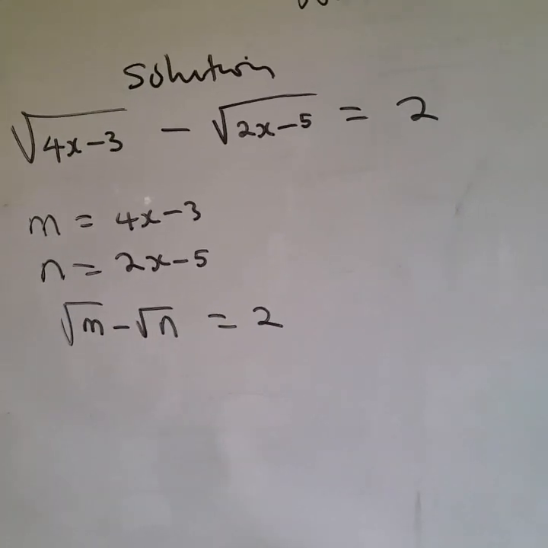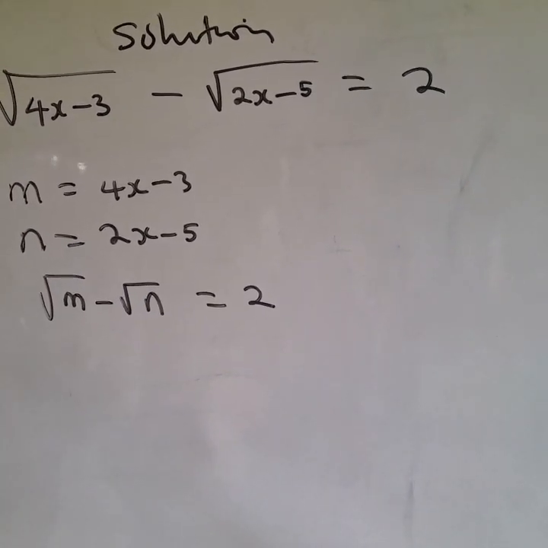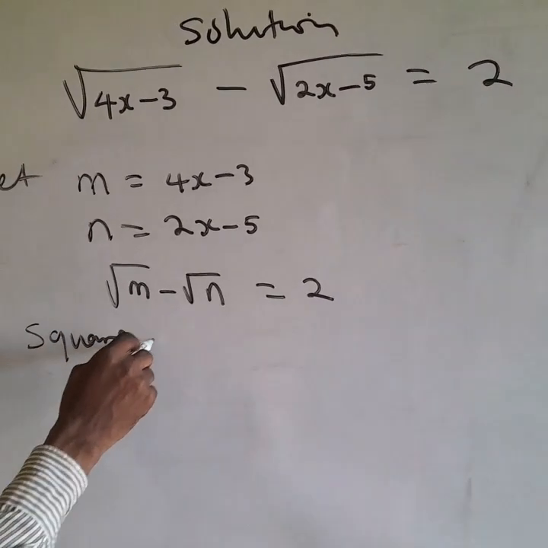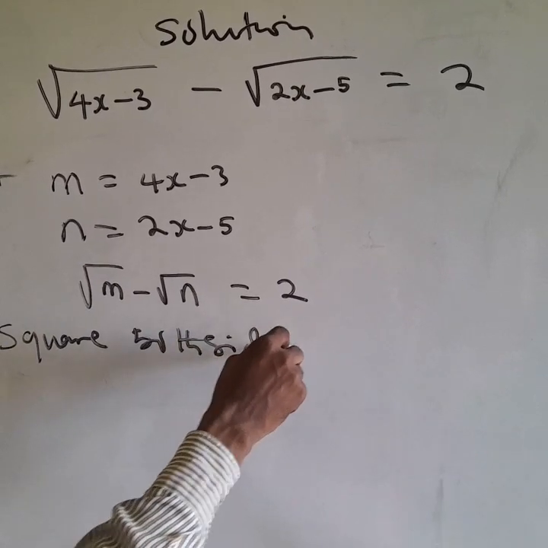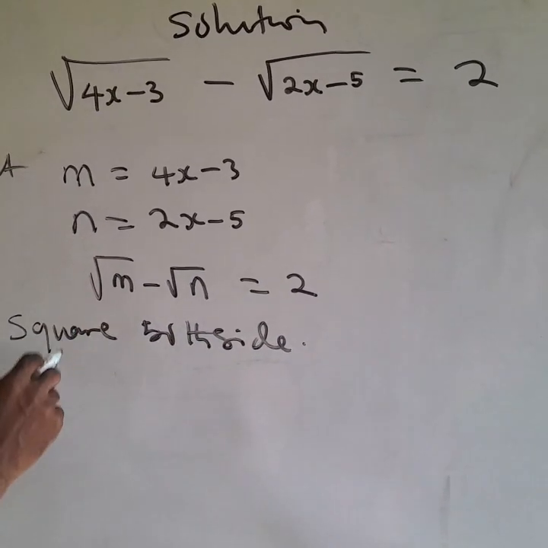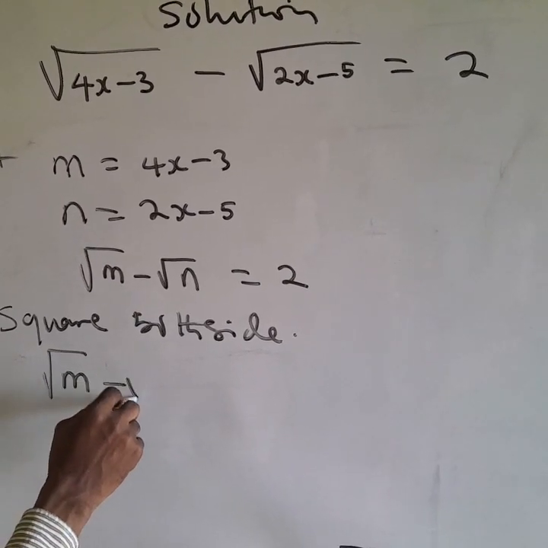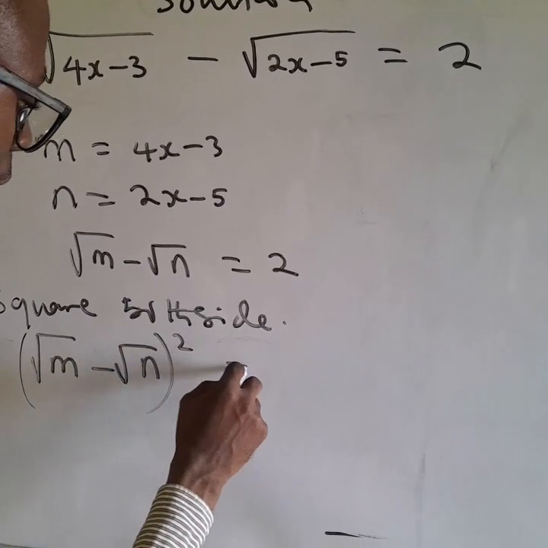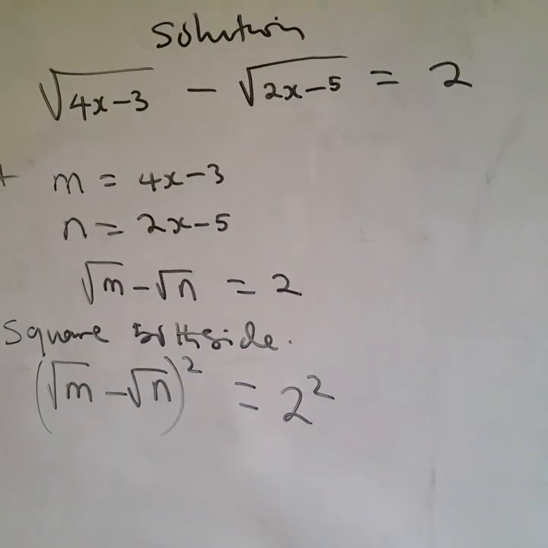Now we are going to square both sides, because we need to remove what is inside the square root. If we square both sides, we have root m minus root n, all squared, equal to 2 squared.